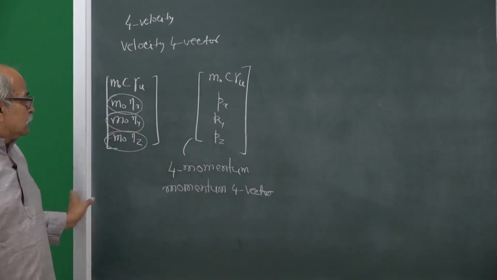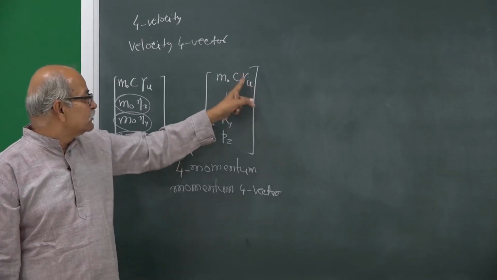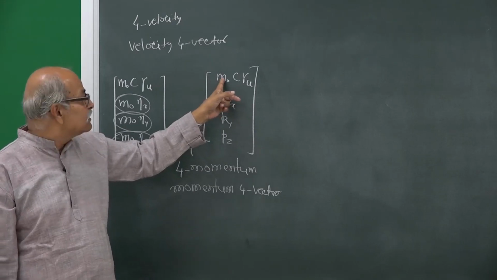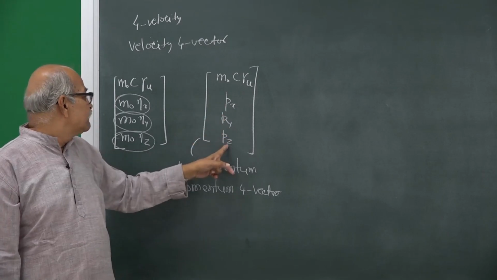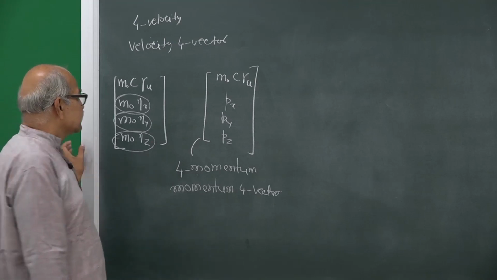Whatever is the speed of the particle, correspondingly you construct this gamma u, and then the first component is the rest mass of the particle times c times that gamma u, then you have px, py, pz. If you want to write this in terms of ordinary velocity, that also you can do.